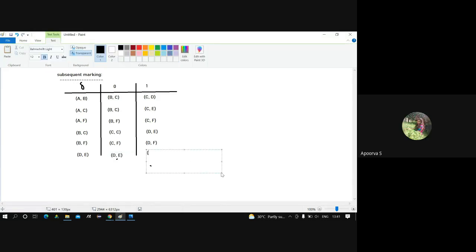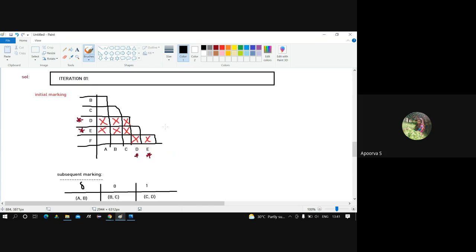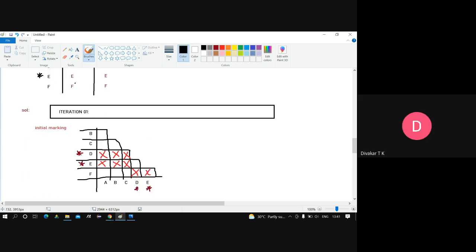Sir, in delta, you have not taken the CF state, sir. It is not been marked. Sir, CF state is not been taken for marking. Yeah, okay.